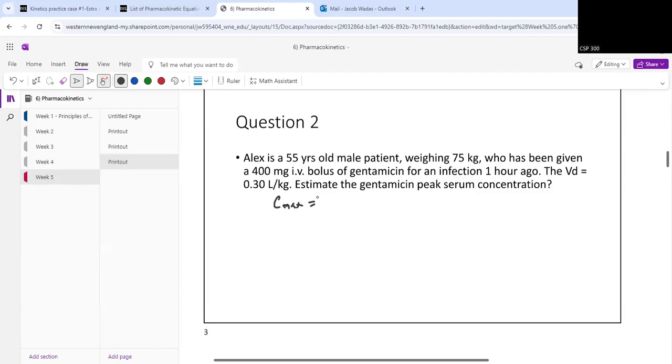Alright, so Cmax is going to be dose divided by VD. Technically it's the same equation, but the wording is Cmax, and I don't want you to get confused. You're still looking for the same thing. Your equation sheet will have Cmax equals this. In this situation the question is basically the same. It's dose divided by VD, so what would you get for the VD?